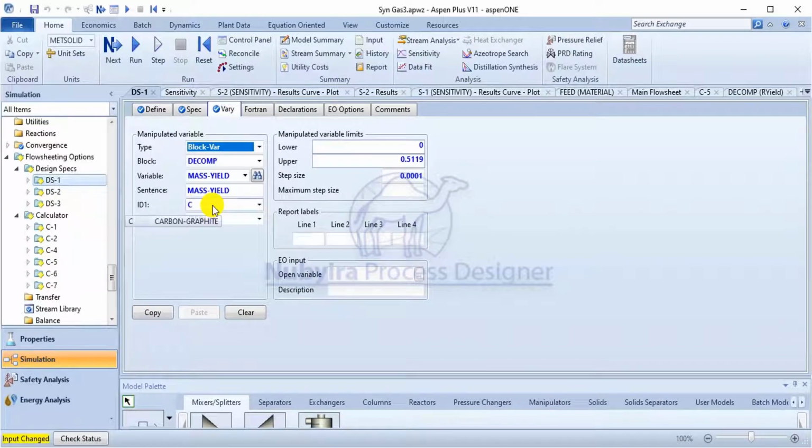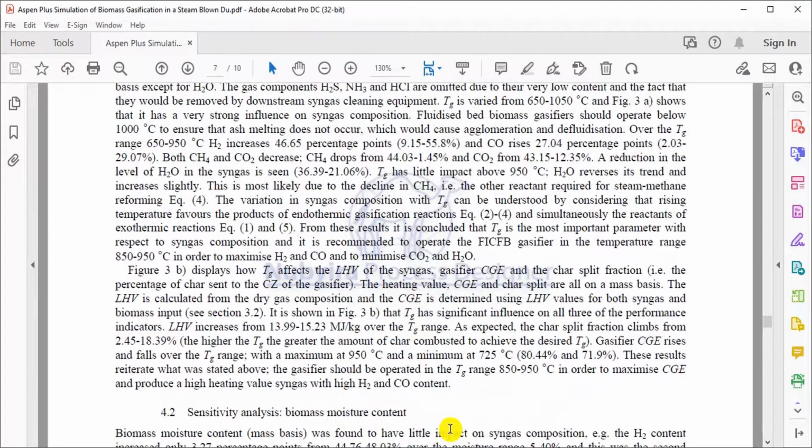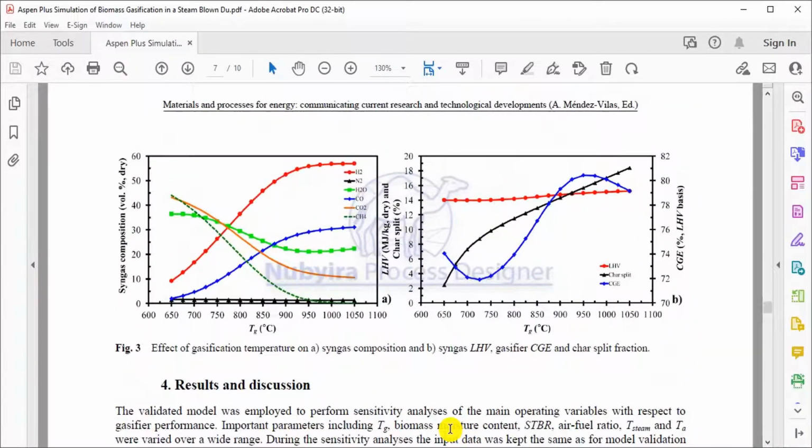So we have to check the range that the mass is being varied. So it's the mass that is going to be varied in relation to the gasification temperature. Right now I'm going to specify the range that they want, which is around 650 to 1050.